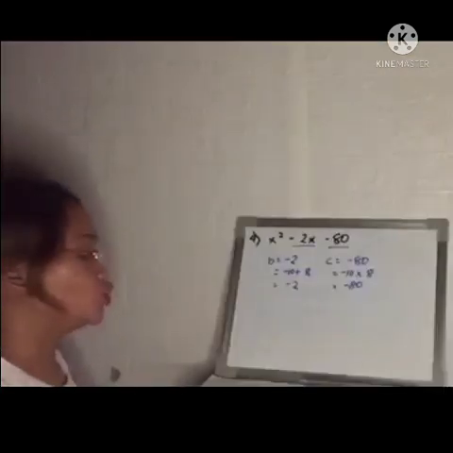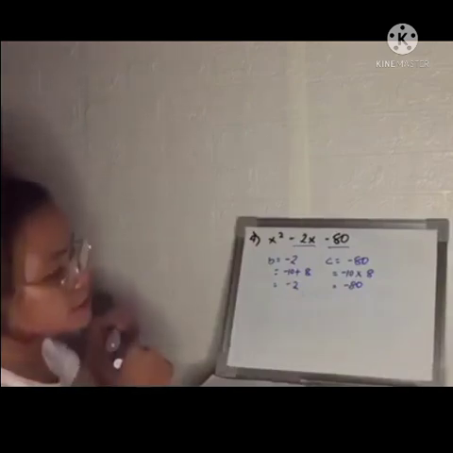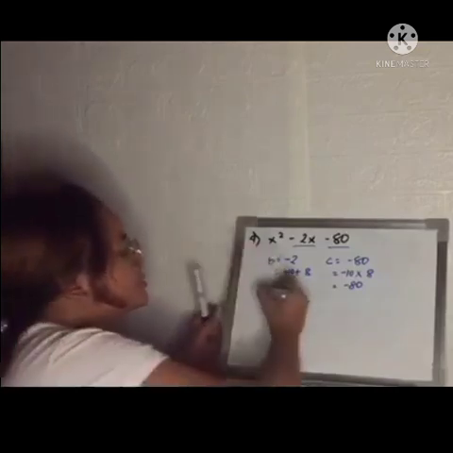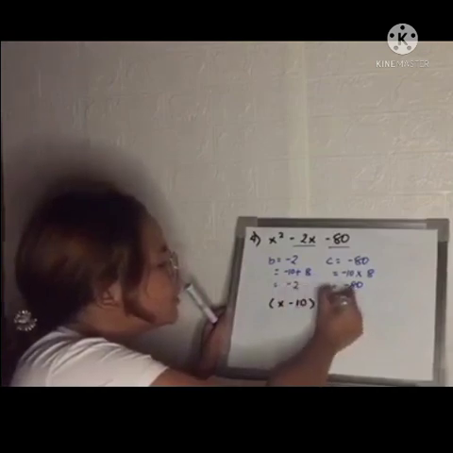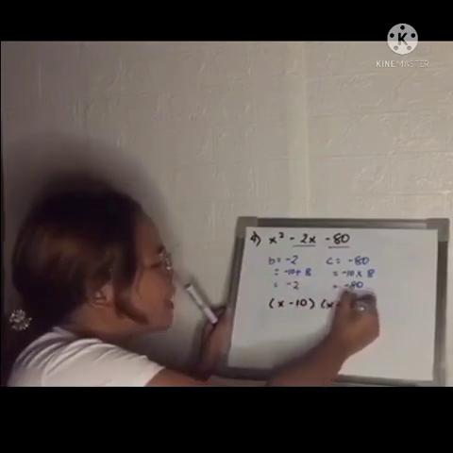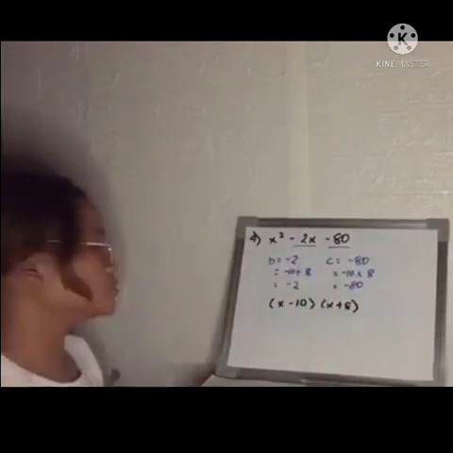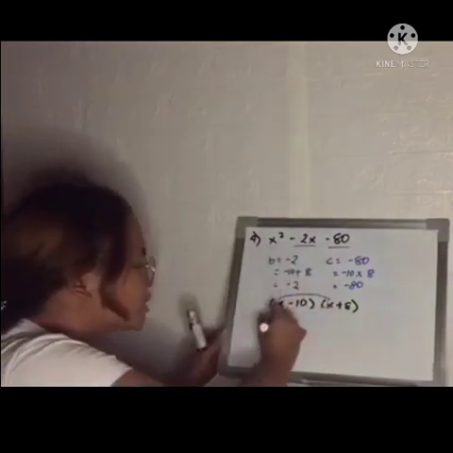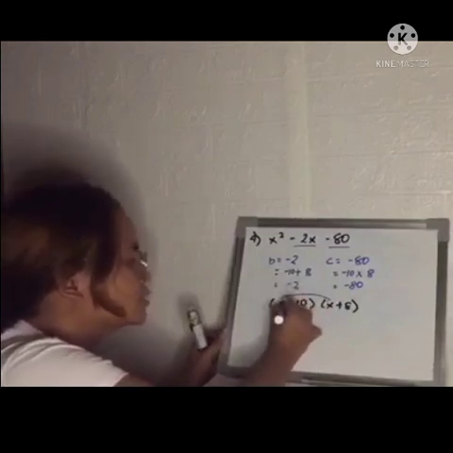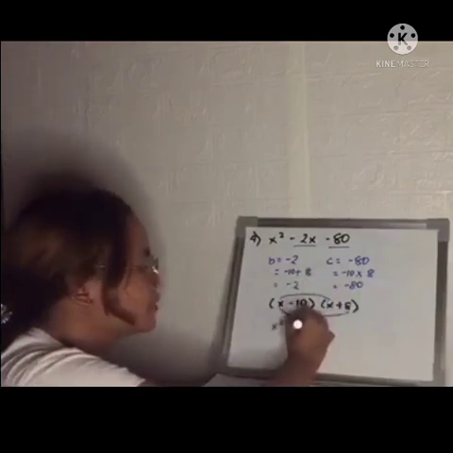Step 3. Use the numbers you picked and write them out, and check. So, x minus 10 and x plus 8. Okay. So, use the FOIL method. So, x times x is equal to x squared. X times 8 is equal to positive 8x.